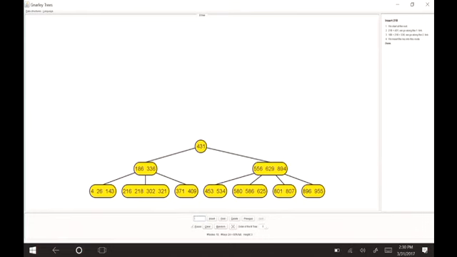Anything between is key here. That word between comes up a lot in discussing this data structure. All the keys in this child node are between the keys adjacent to it, right? And all of the keys in this node at the end are greater than anything here, okay?